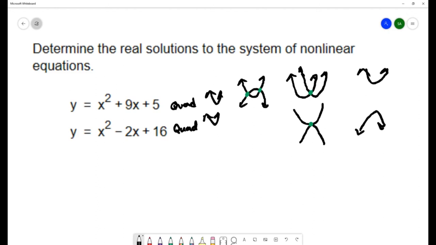Now, as I'm looking at this system, I'm trying to decide what method I might use to solve it. It's looking like you could do substitution or elimination very easily. I'm going to try elimination with this example. What I see is that the like terms are already lined up: the y's, the x squareds, the x's, the constants.